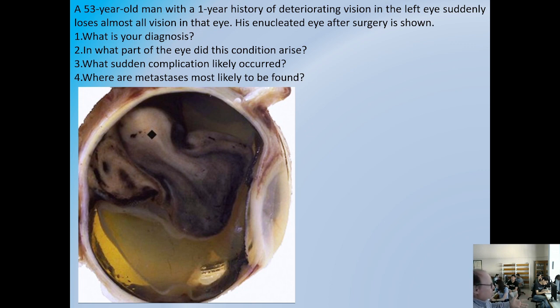When we find this with a specific histochemical stain, namely Masson-Fontana stain, it highlights melanin pigment, but sometimes they appear black because they are composed of melanocytes.